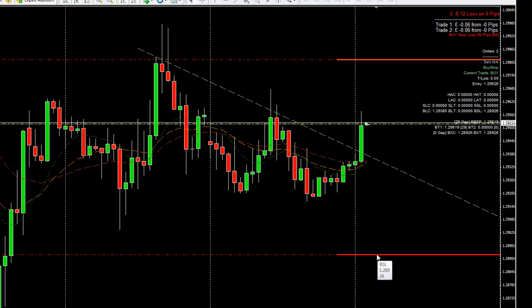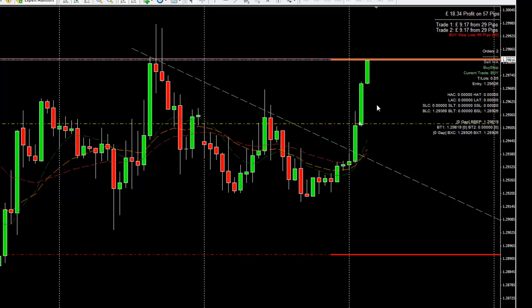Down here we have our buy stop loss line. Couched underneath these lines, which you cannot see, are the exit strategy lines, and we are looking up here to hit our buy target line 1, and also we have our break-even line. Almost there. As soon as we hit it, watch all the lines start to move.